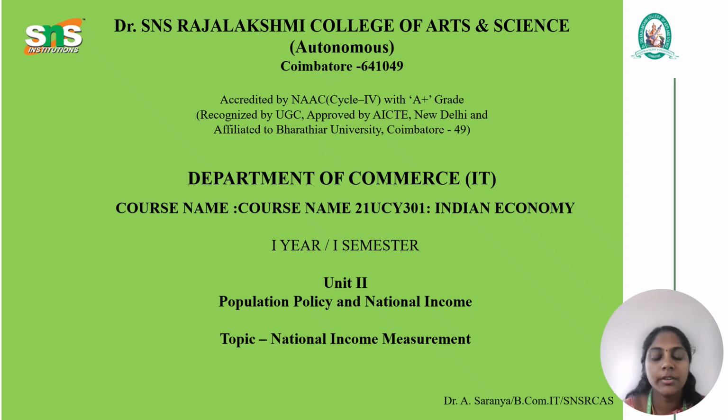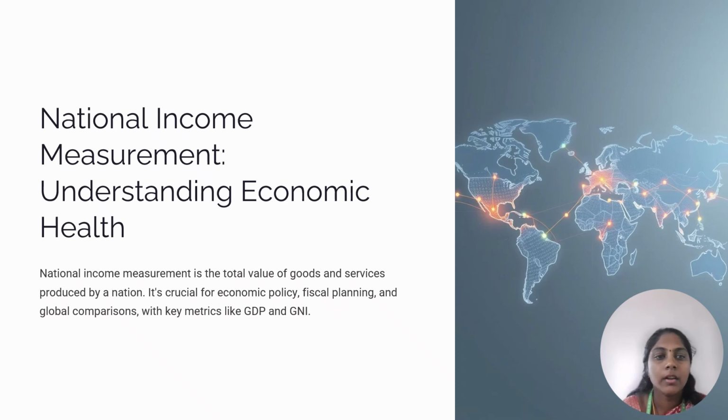Today, we are going to see national income measurement methods, how the national income is measured, and what are the types that we measure the national income. National income measurement is the total value of goods and services produced by a nation.